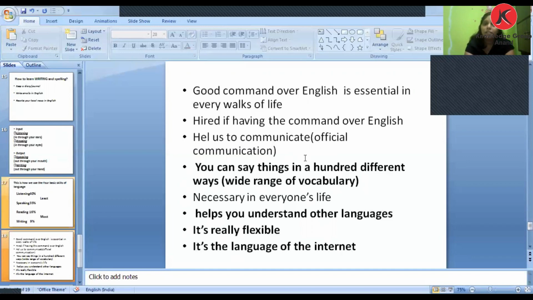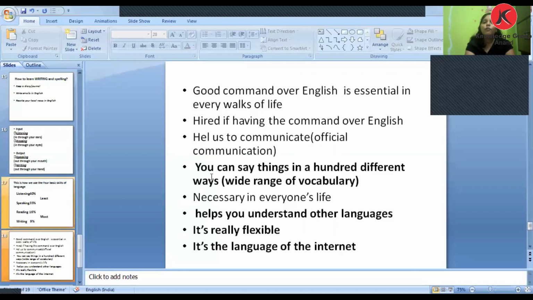If you are hired in a company and if you are having a good command over English, then you will be hired at national or international level, and you will get the opportunity everywhere. It helps us to communicate, right? If you have a knowledge of English, you can do official communication. So for communication, you can use this English language.